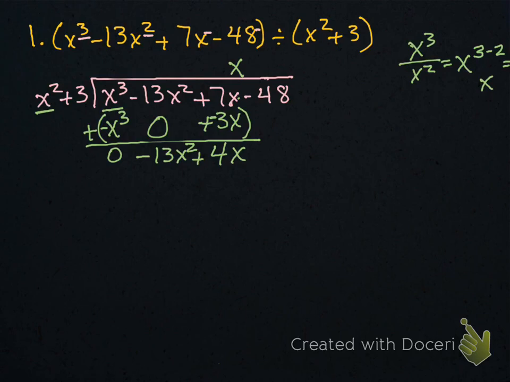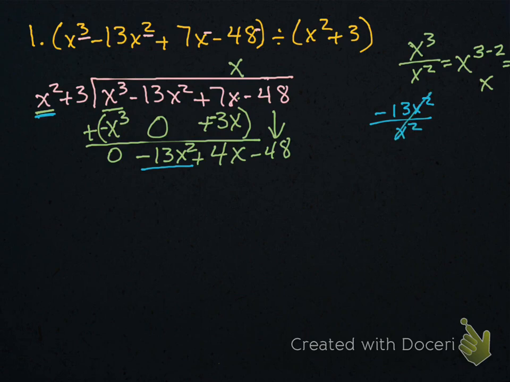Now I'm going to take negative 13x squared, and I'm going to bring down my negative 48. Again, we're going to go with my first terms. So I have negative 13x squared divided by x squared.